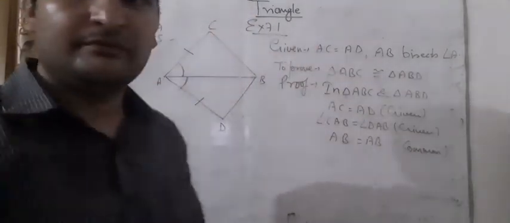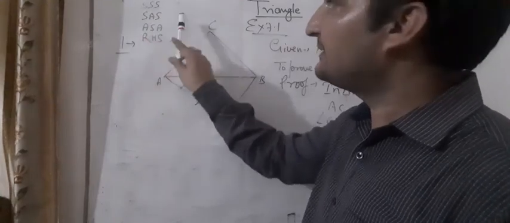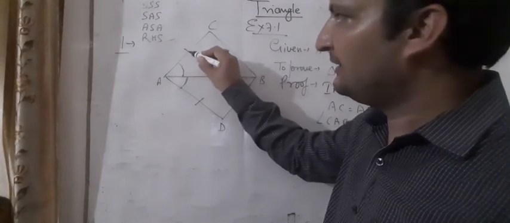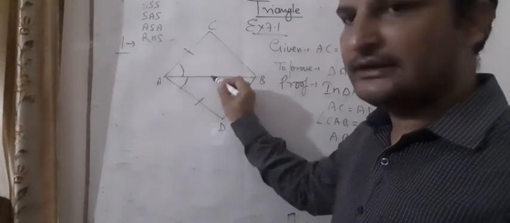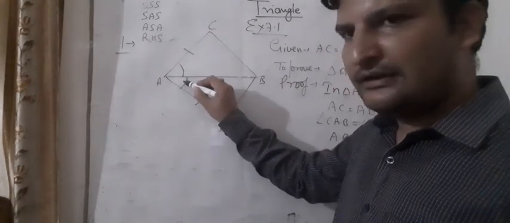So students, which property is fulfilling here? First one is SSS, second is SAS, third is ASA, RHS. So look here, angle, side, included angle and side. Similarly here, this side equal to this side means side, angle and side.